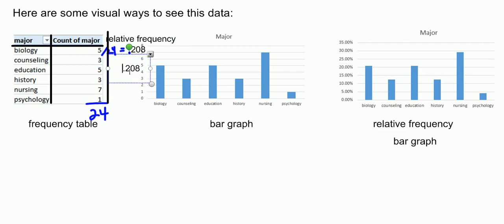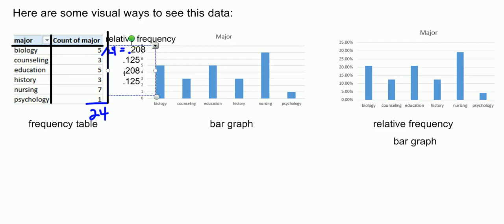3 out of 24 is 0.125. 5 out of 24 is 0.208. 3 out of 24 again is 0.125 again.